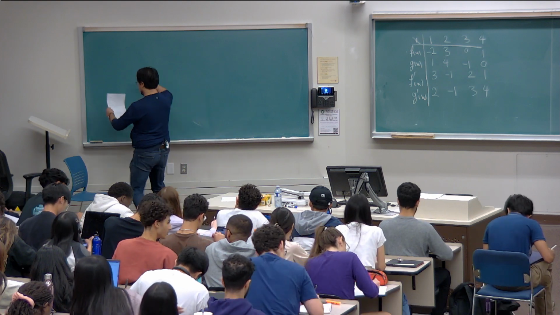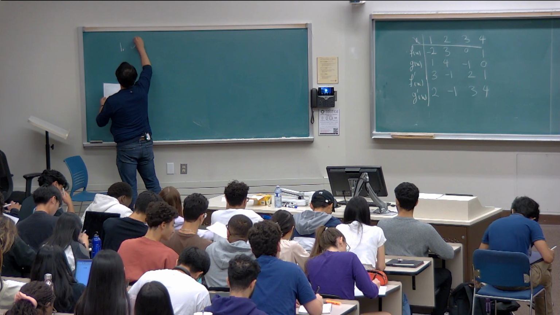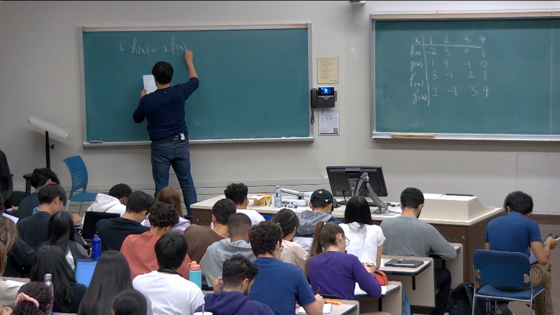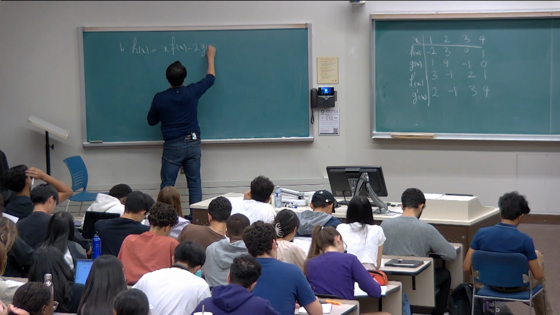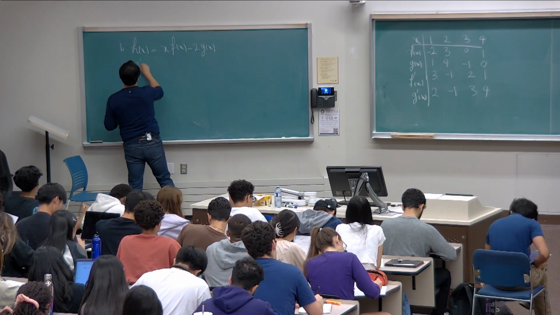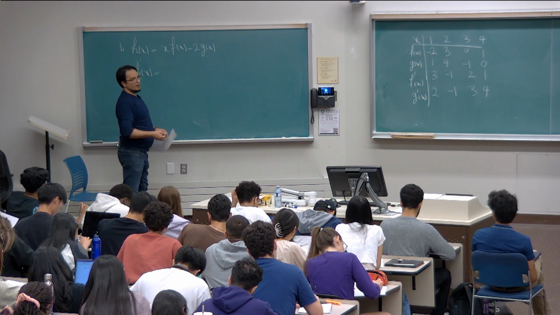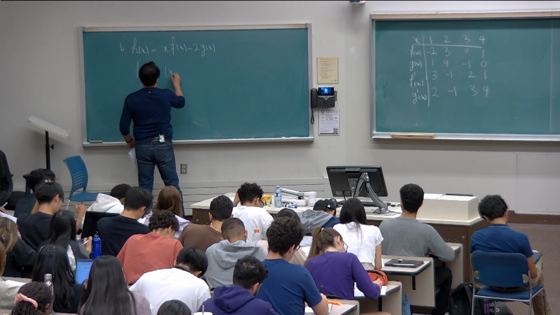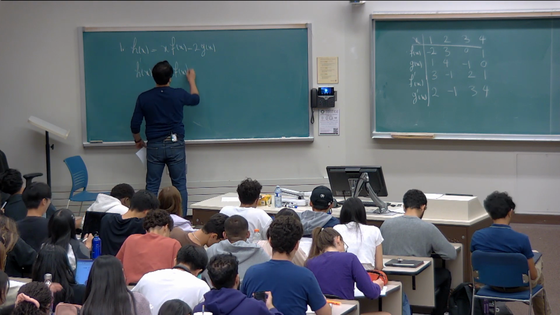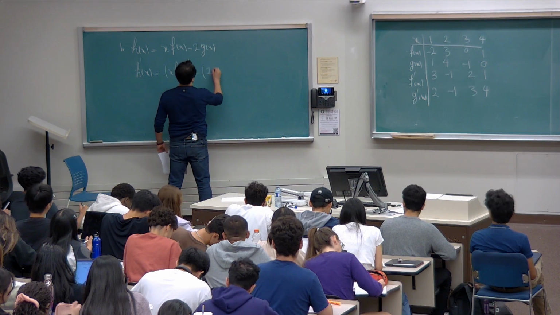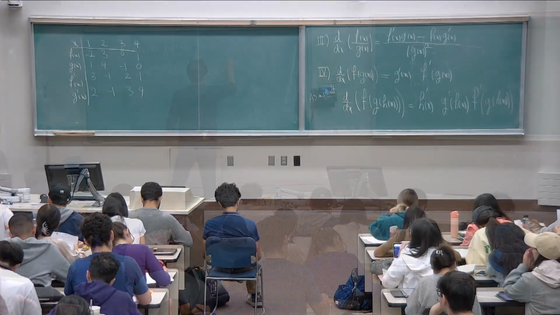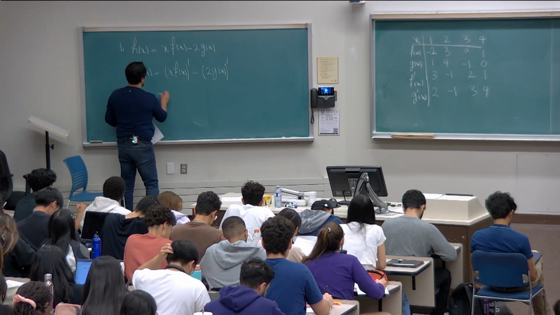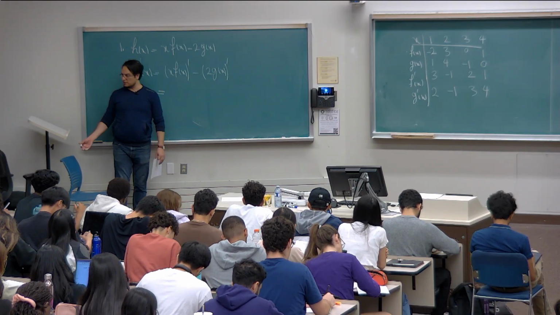For example, here, the first one, h of x is x f of x minus 2g of x, yes? Now, I want to find the derivative of this. First thing I see, this is a difference of two functions, so I have to differentiate each piece and then subtract. But the first function here is a product of two functions.